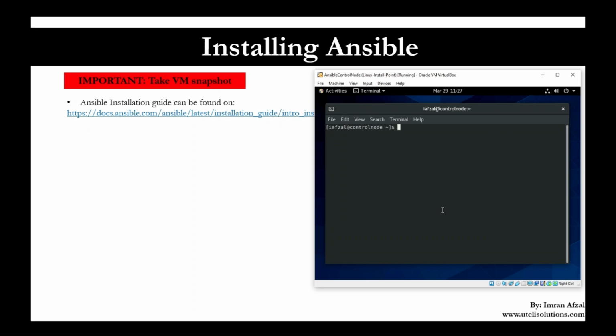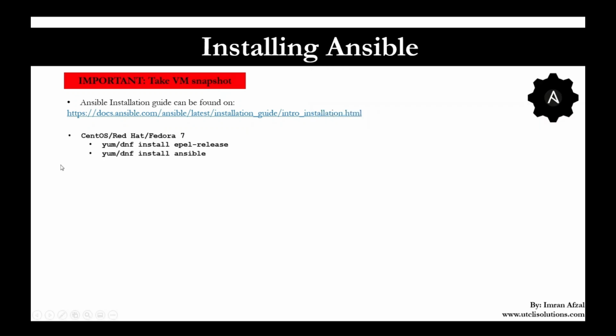So we have the terminal open. The next step is for CentOS, Red Hat, Fedora version 7, you will have to run the command yum or dnf. DNF is going to be replacing yum eventually. So for now, you could use either. So install epel-release and then install Ansible.